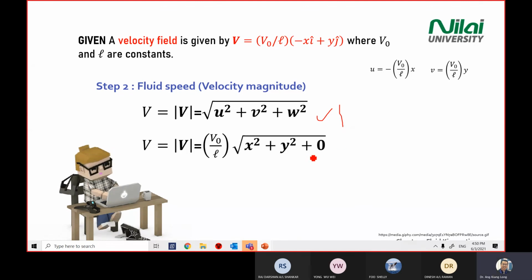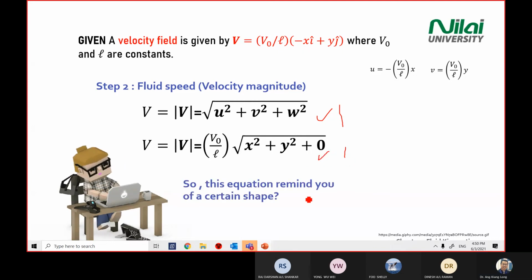So your V, you can write like this form: V equal to U0 divided by L times square root of X square plus Y square plus 0, because you don't have W. Okay. So these are another steps. If you do this one, you get 1 mark.